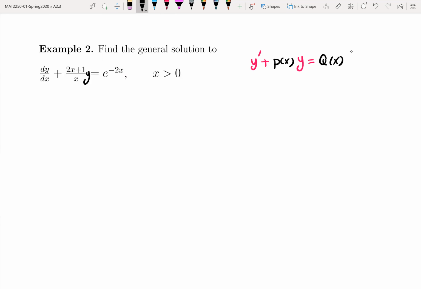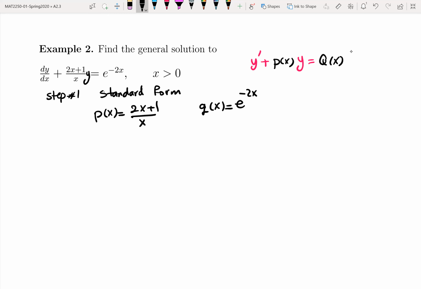So step number 1, it should be in a standard form, which is already standard. P(x) is (2x plus 1) divided by x, and Q(x) is just e to the negative 2x.